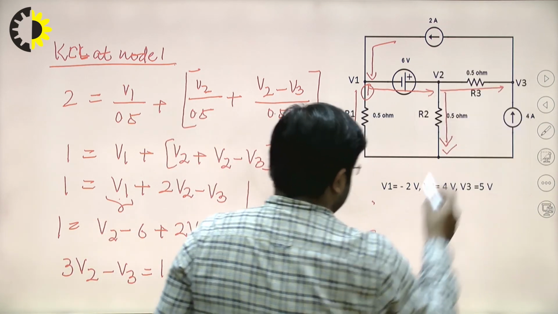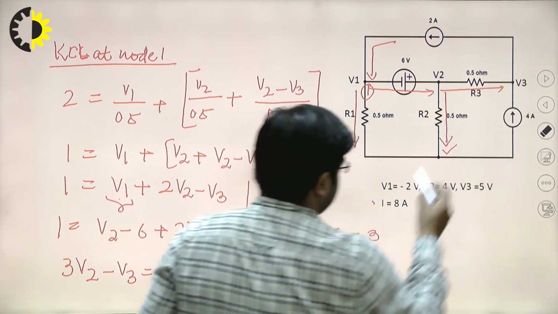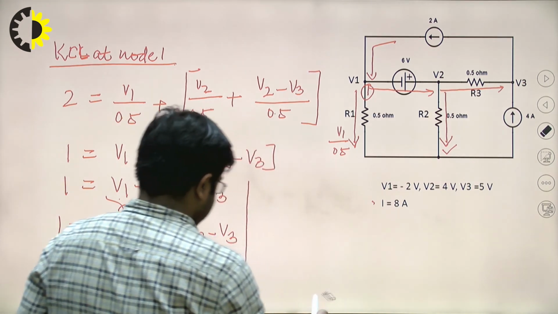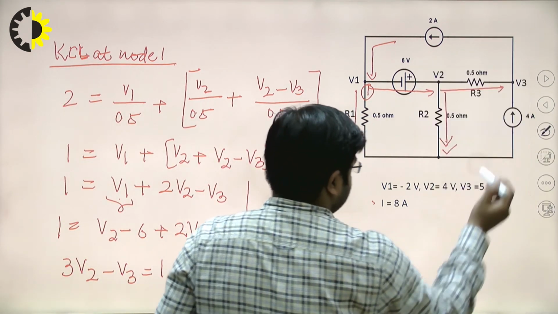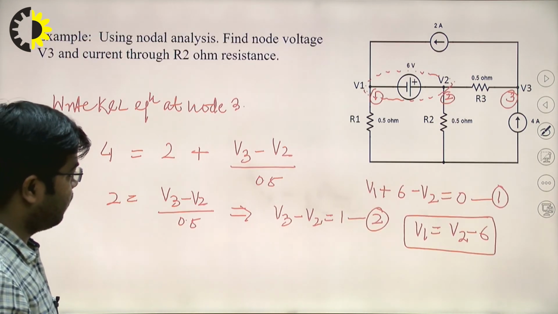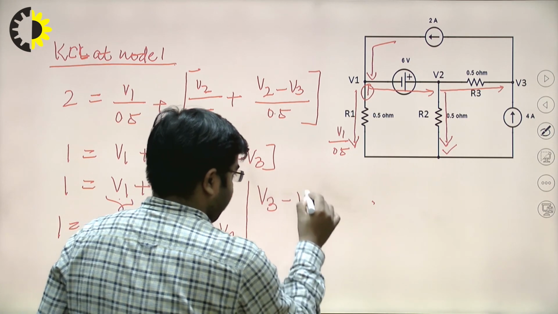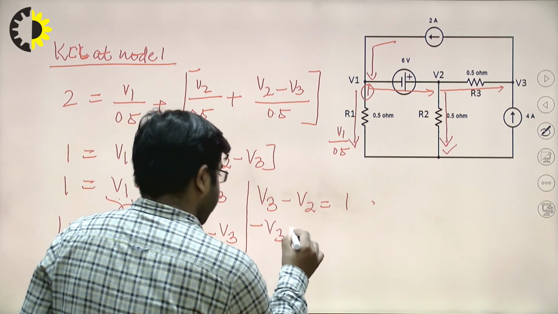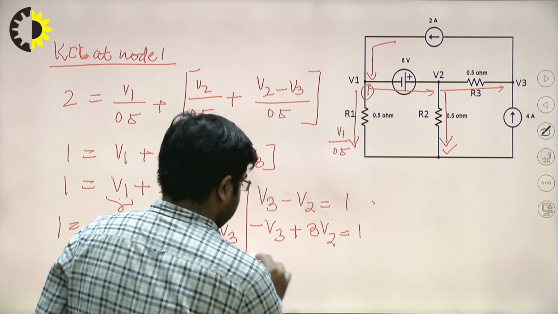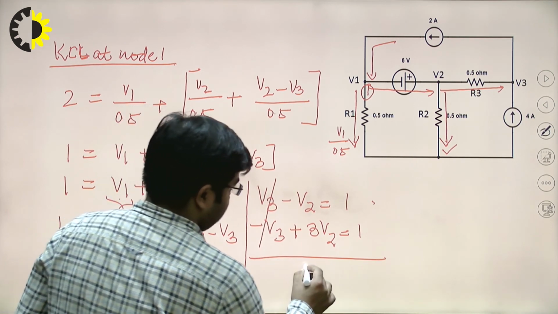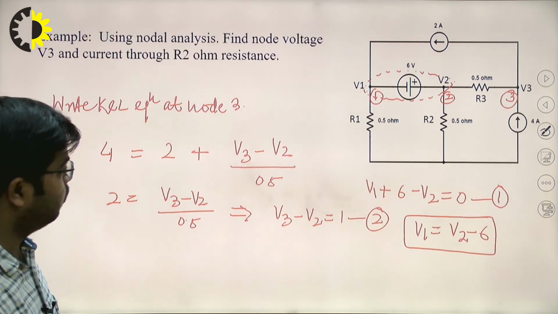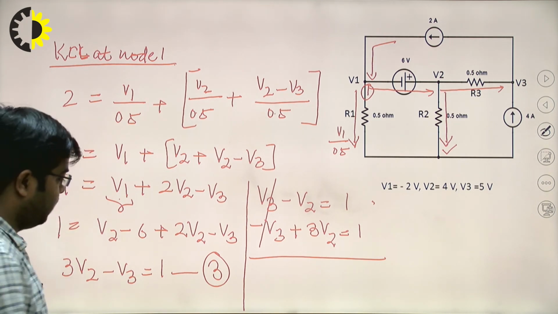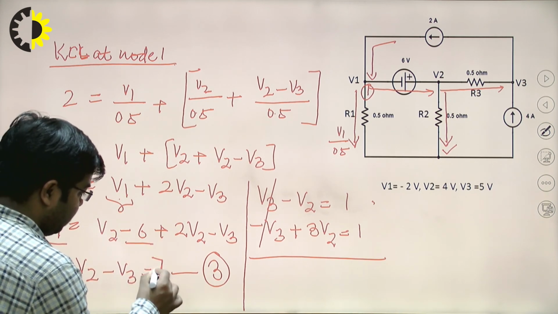There is some calculation problem, I think. You have V3 minus V2 equal to 1, and minus V3 plus 3V2 equals 7. Sorry, 7 minus 6 is 1, so this will be 7.